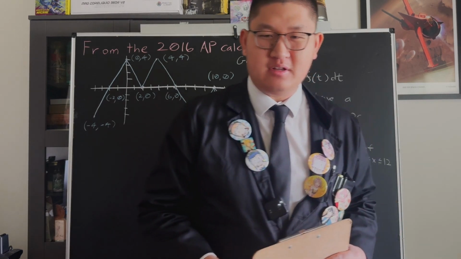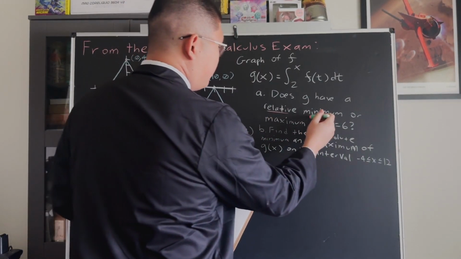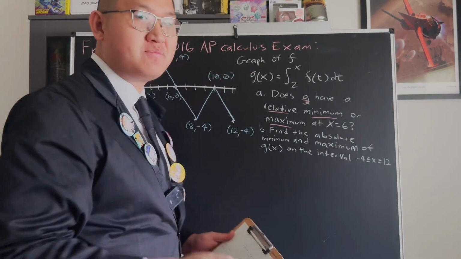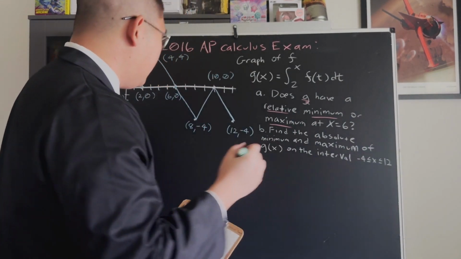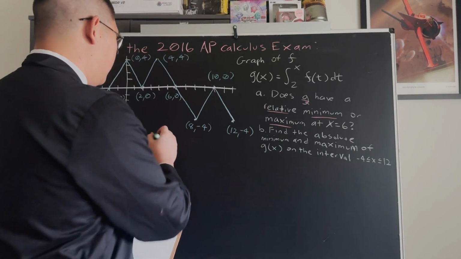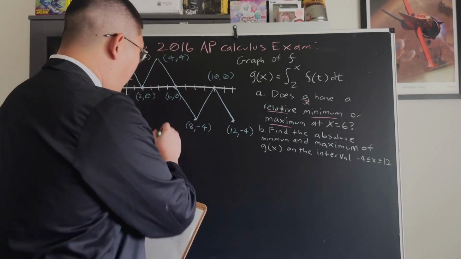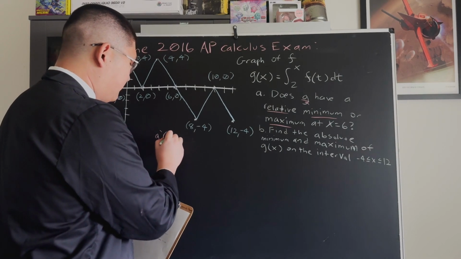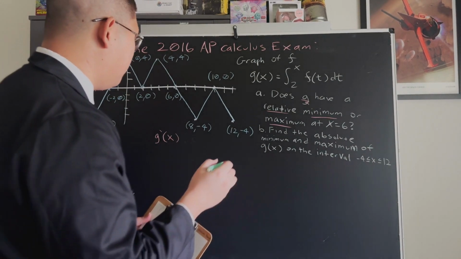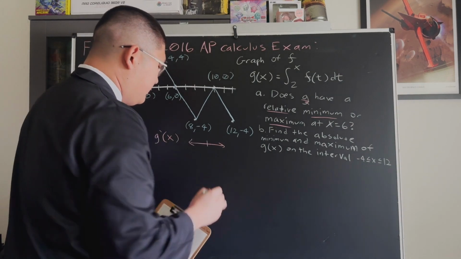They are looking for a relative minimum or maximum for the function g. If we want to know that for any function, all we need to do is look at its first derivative, and then do what we like to call a number line analysis.